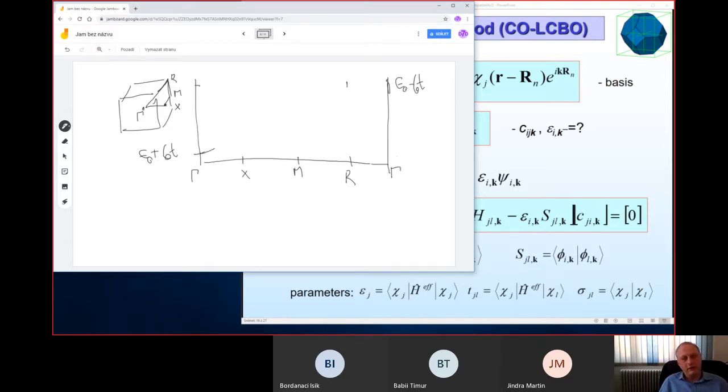It would look something like that, and then back to the gamma point. So the bandwidth is 12t, and the larger the t, the larger the band.